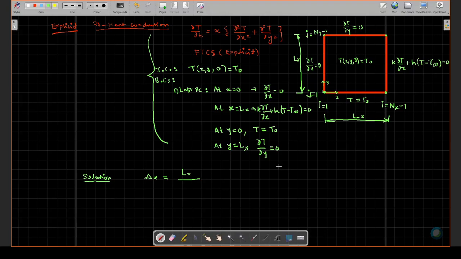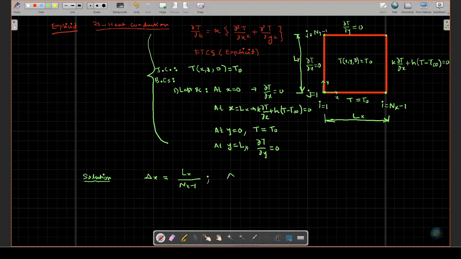How many points do we have? Maximum nx minus 1 points. So that will give you delta x. Say the total length is 10 meters, 10 meters divided by 100 points. That will give you the delta x you need.